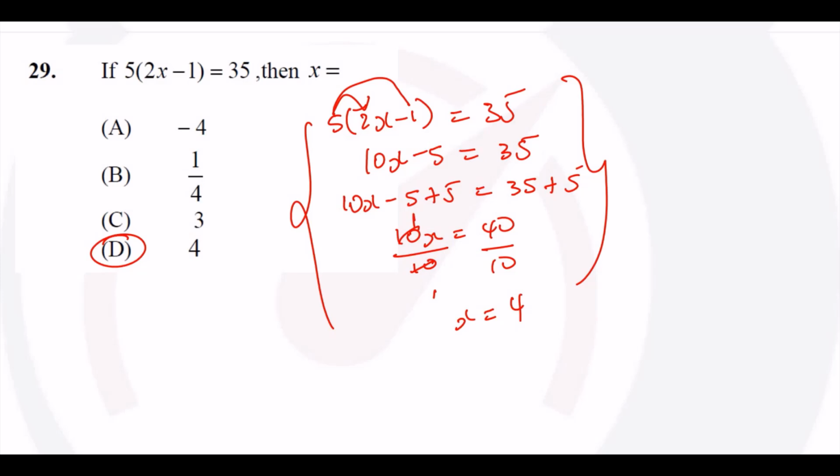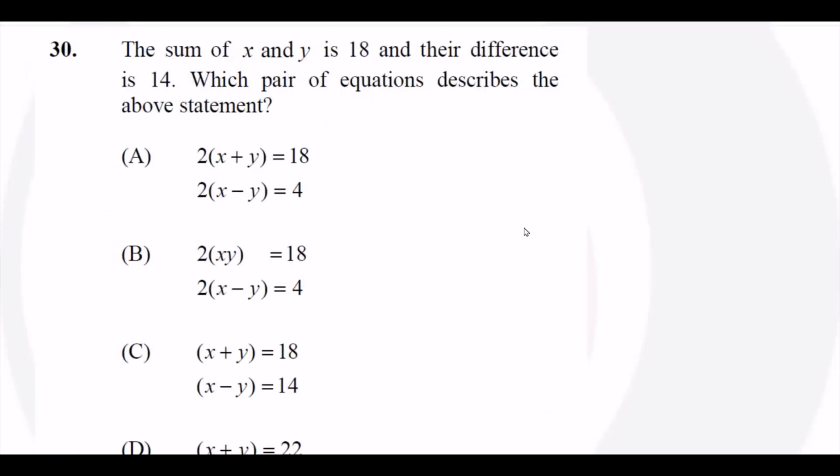Hence, you could also substitute the answers to help save time. Just plug in the answers and see if you get a result of 35. Otherwise, you could work it out the long way like I did.